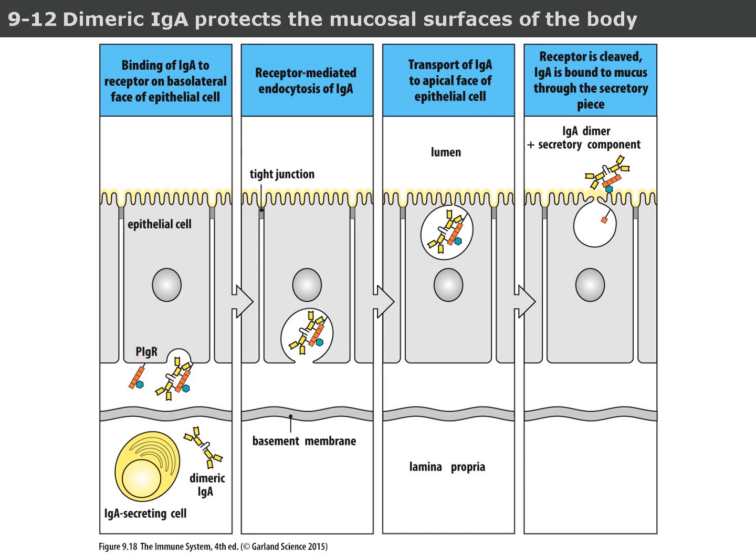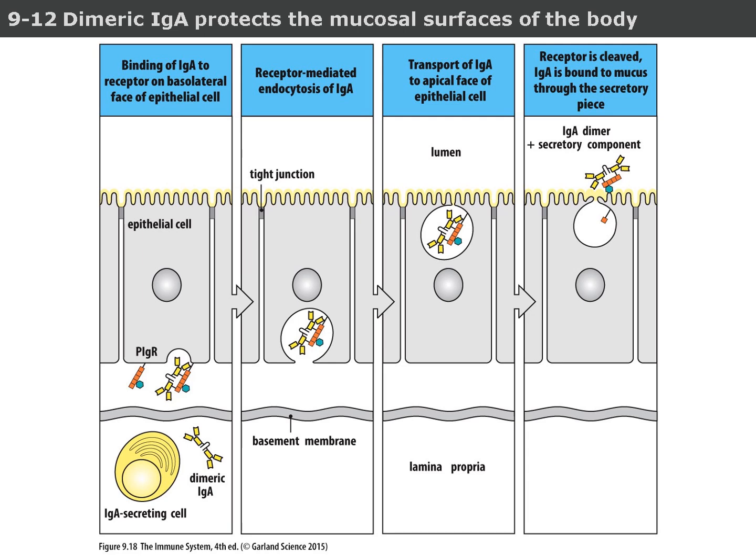In the third panel, the IgA-pIgR complex travels through the cytoplasm and is delivered to the apical surface of the epithelial cell, where it prepares for release. Finally, in the fourth panel, the receptor is cleaved, releasing IgA into the mucus layer.